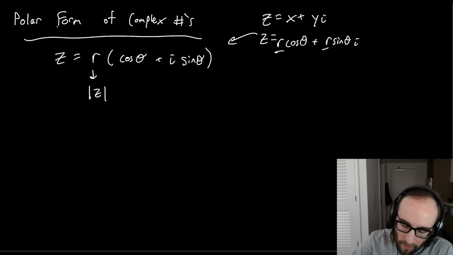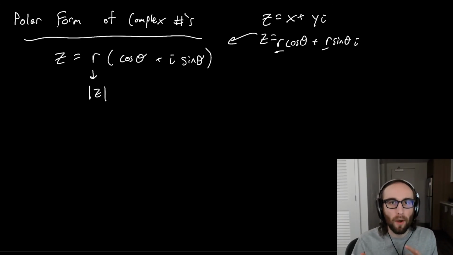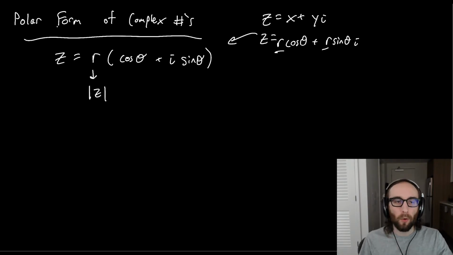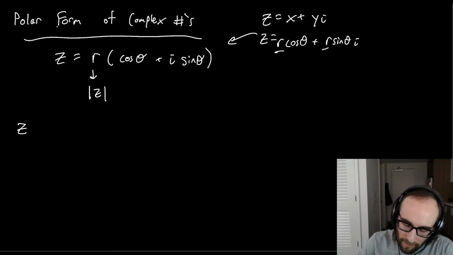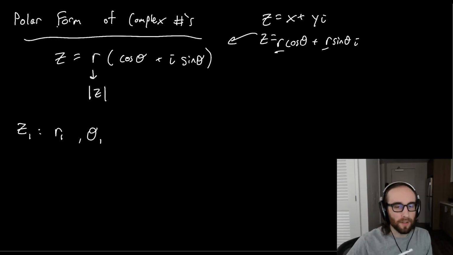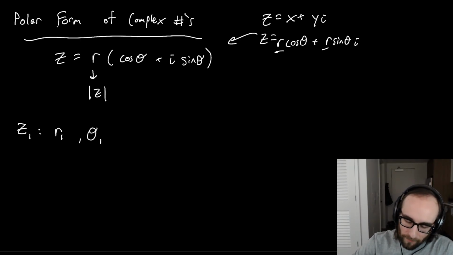Okay, so this is helpful first because when we multiply or divide complex numbers, especially if we're given them in polar form, we can use a shortcut here. And that's that if we have two complex numbers where z1 has a magnitude of r1 and an angle in standard position of theta 1, z2 is denoted as r2 and theta 2.